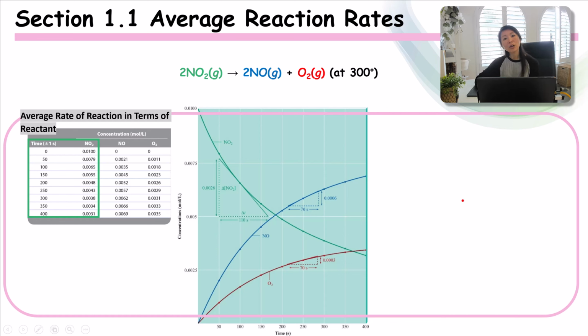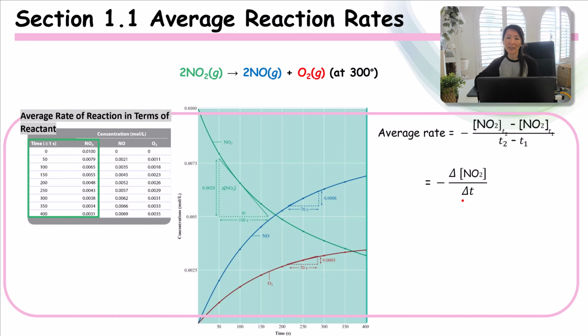In order to find out the actual number, you'll need to have an equation. And that equation would be the change in concentration of NO2 over the change in time. Or if I were to expand it out, which is shown on top, it's the concentration of the final minus the initial, all over the final time minus the initial time.